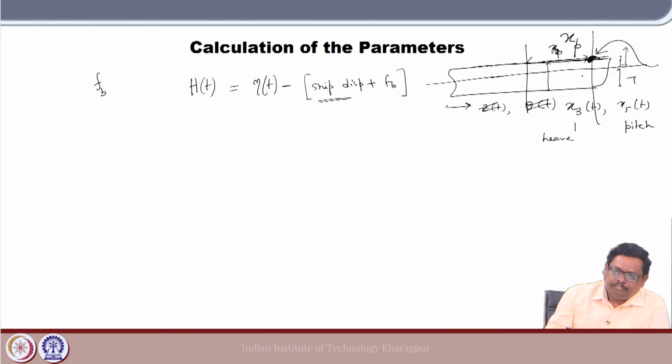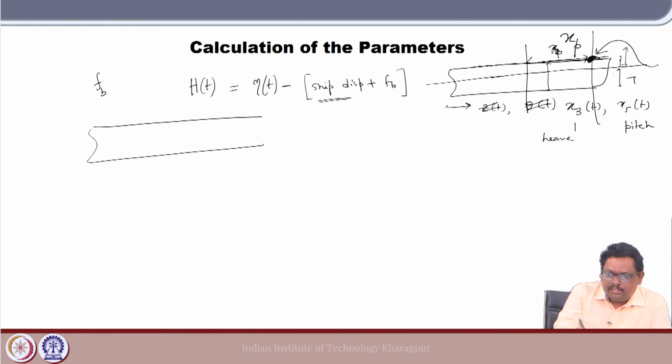Now, the thing is that this point xp is also a variable point, right. For example, this is my ship over here. Now, this green water can happen, since the water is piling up and falling here. So, it can fall over here, here, here, here.